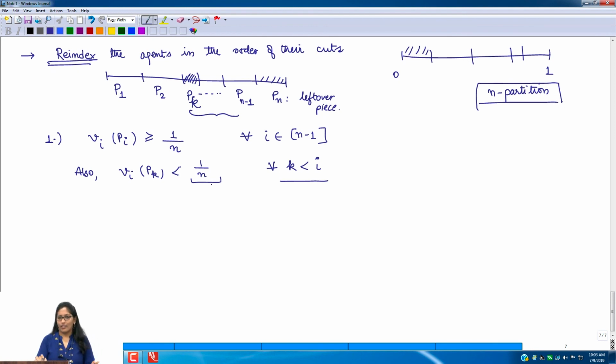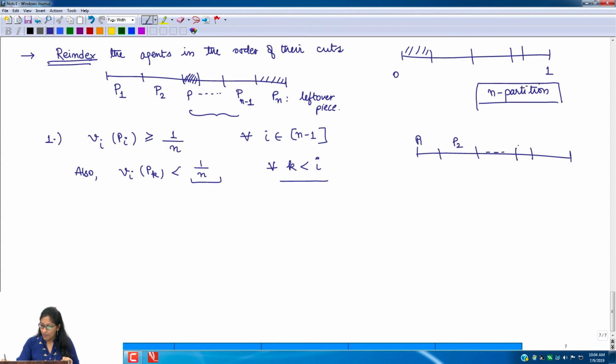Again, ties can be broken arbitrarily. For every k less than I, let's draw this. Let's say this is P1, this is P2, and somewhere here this is Pi. So he did not shout out here, right?